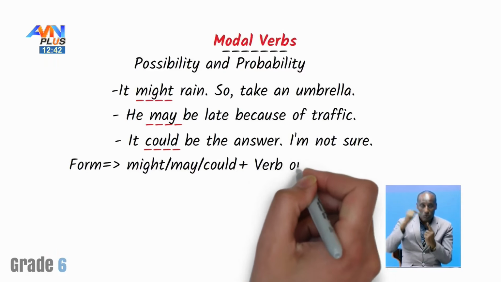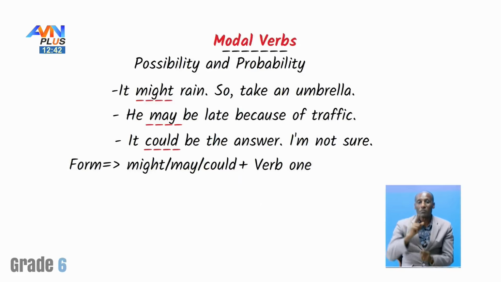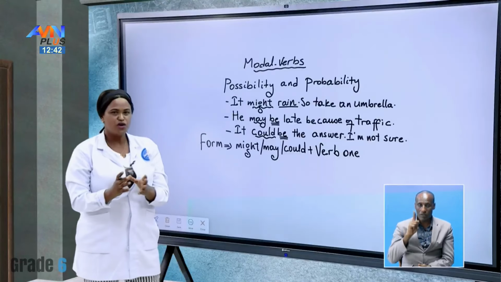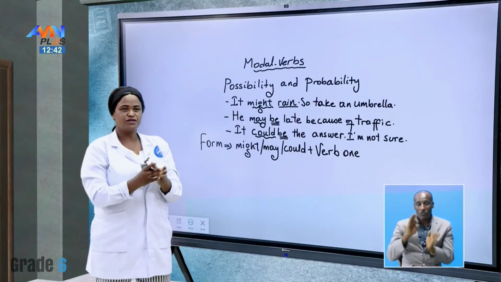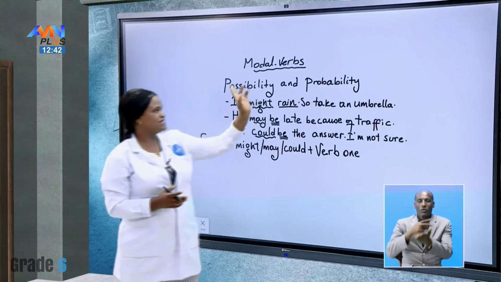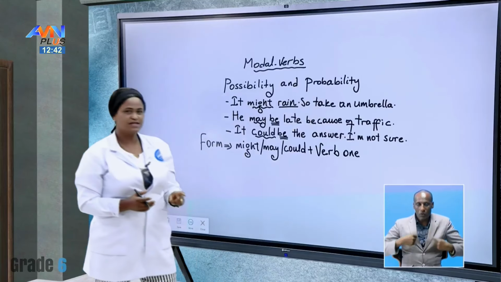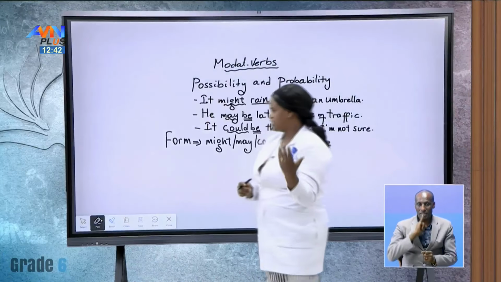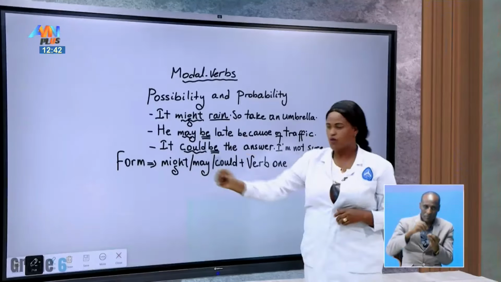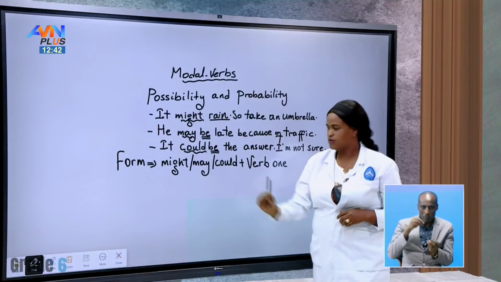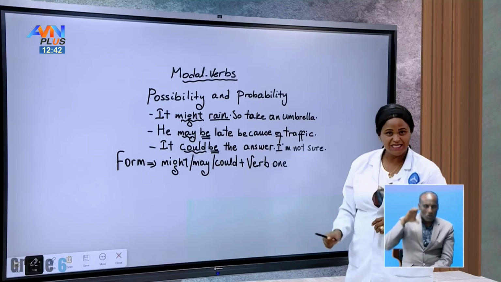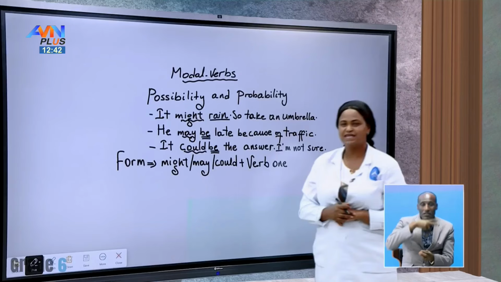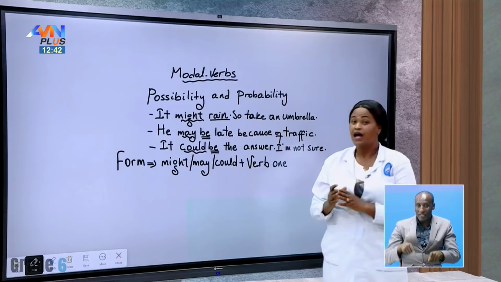Verb 1. So, the form of the modal verbs when we express possibility and probability is after a subject, what do we get? Yes, subject plus might or may or could plus verb 1. This is how we express what?